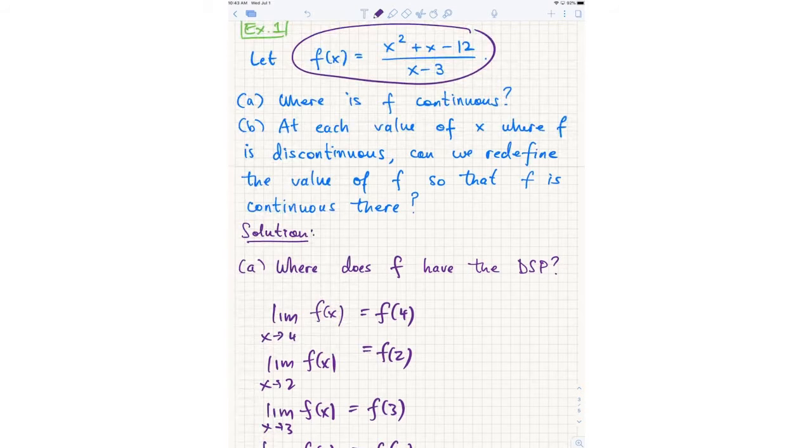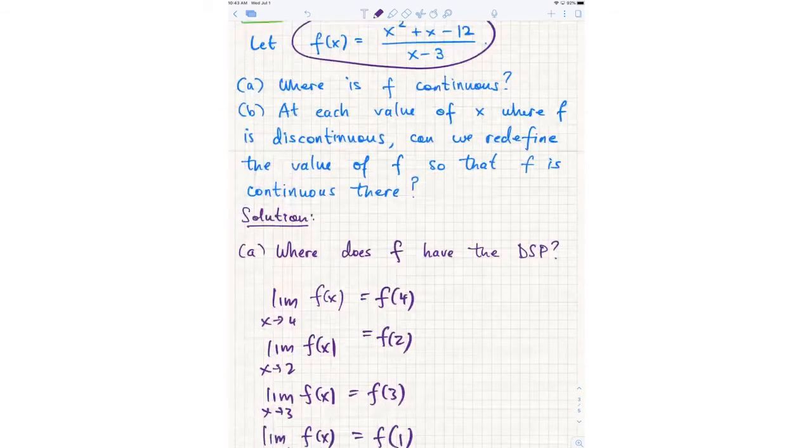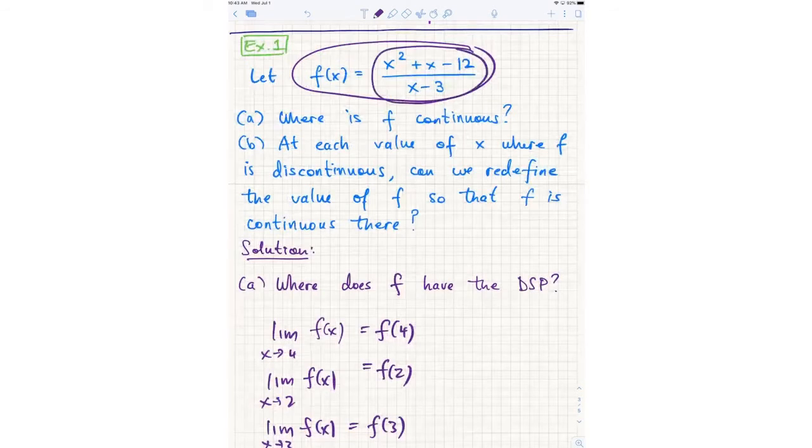All real numbers except x equals 3. Exactly. We learned last week if I have a rational function, a ratio of two polynomials, you can always just plug in the number to calculate a limit, except where the denominator is 0.